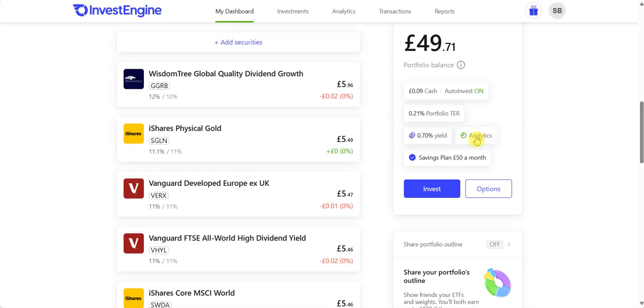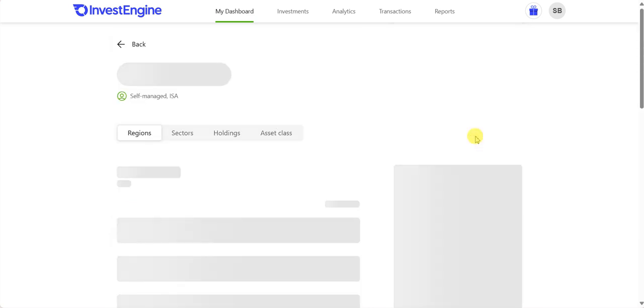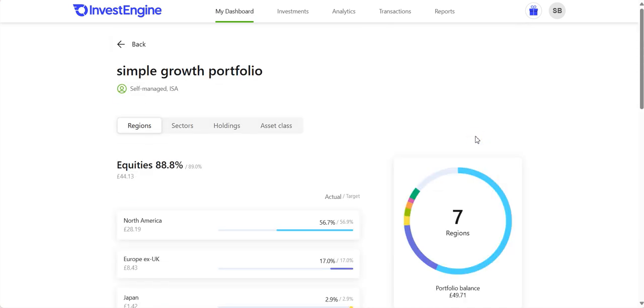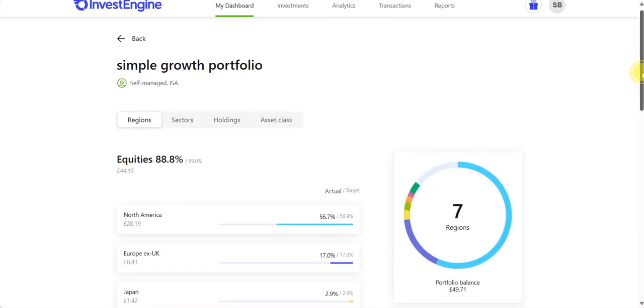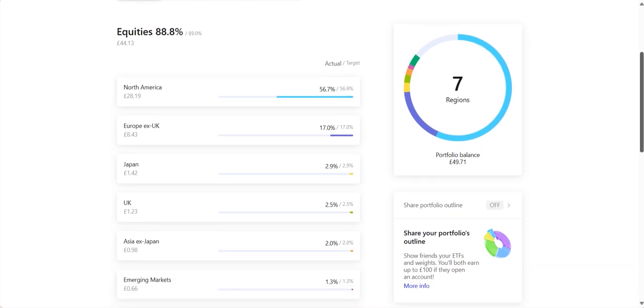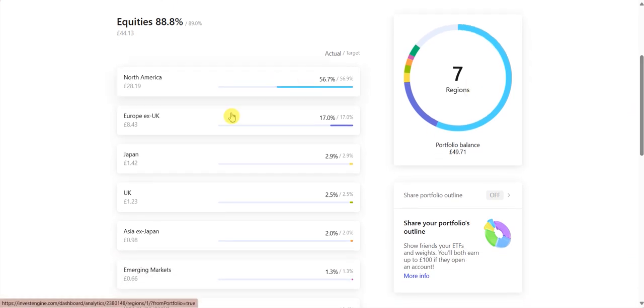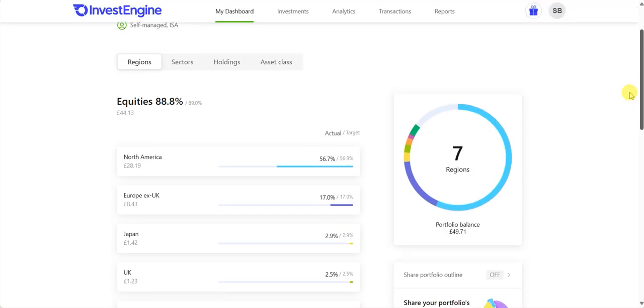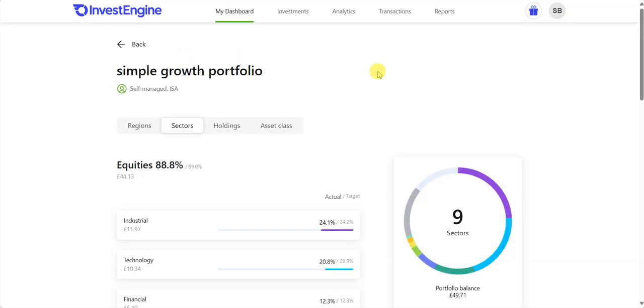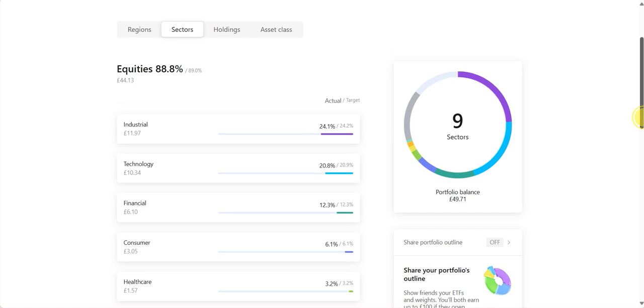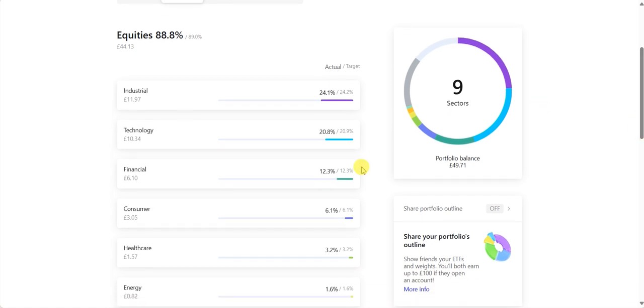Let me have a quick look at the analytics as well. This shows the overview of the whole of these ETFs together. So regions, 56% in America, 17% in Europe, and small percents in the other ones. Right, sectors. We have industrial, tech and financial, a little bit of consumer.